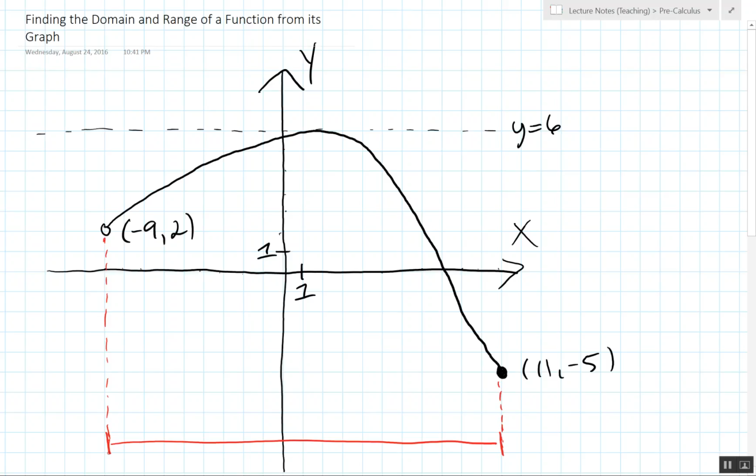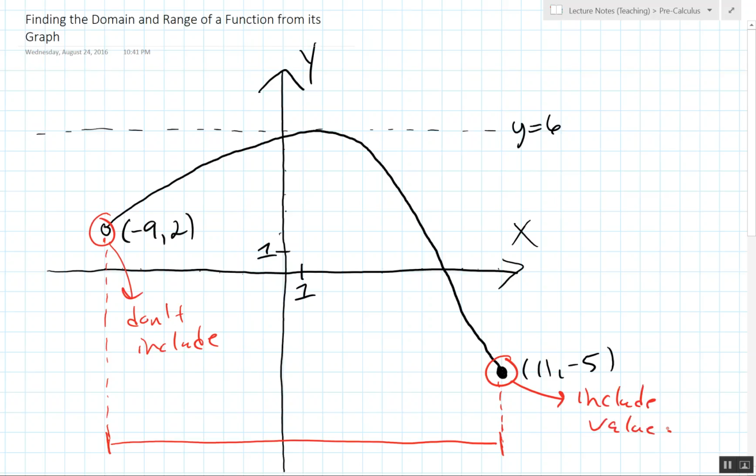And we have to watch out though. Notice that we have a solid dot here and an open dot here. Remember that open dots mean we don't include the value, while closed dots mean we include the value.